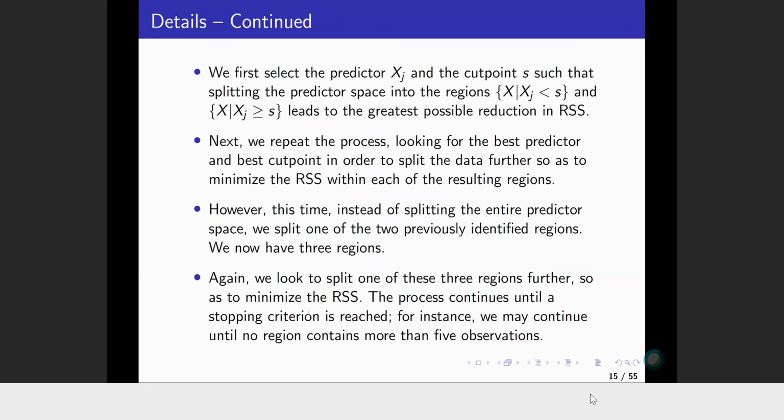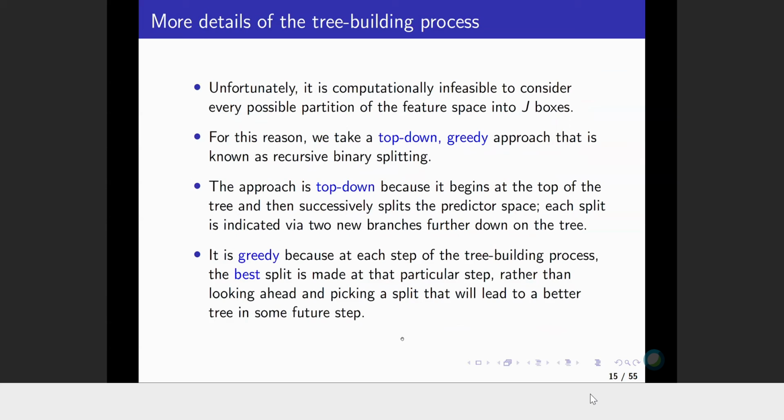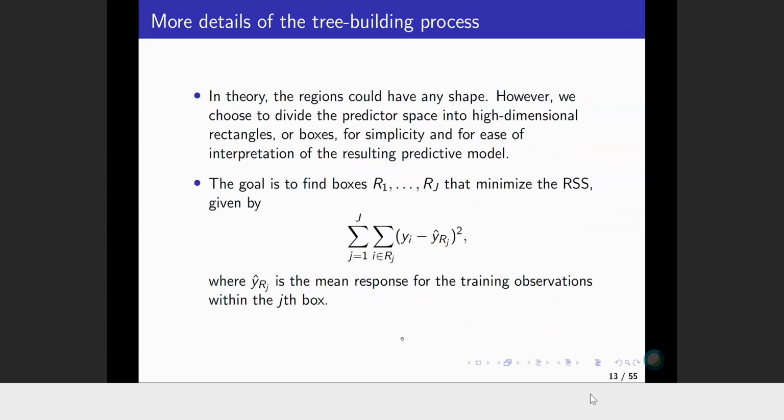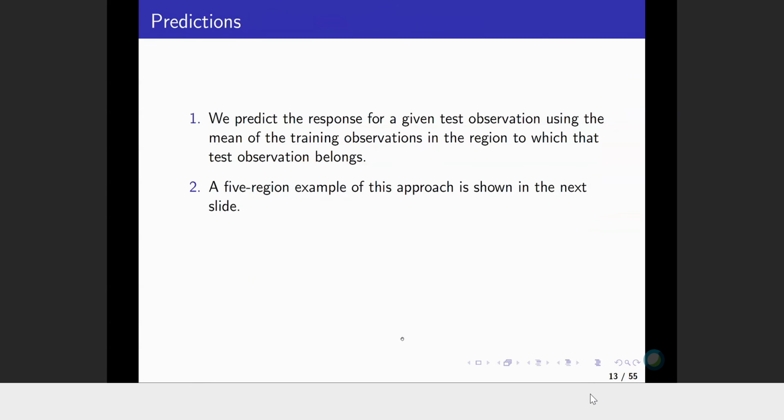For example, we might continue until no region contains more than 5 observations, and we stop there. This is how to build this tree.